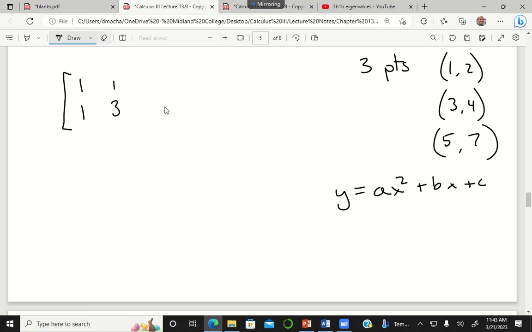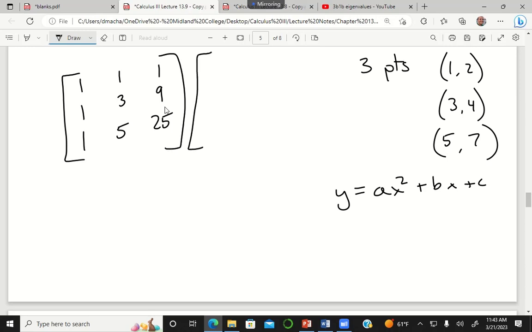All I have to do now with my matrix is make a 3 by 3 matrix, where again the first column is all 1s. The second column is going to be my x values, so 1, 3, and 5. And then the third column is going to be my x values squared, which is going to be 1, 9, 25.